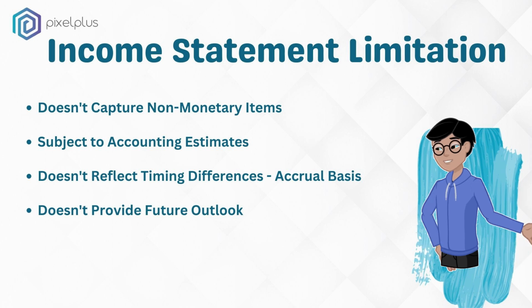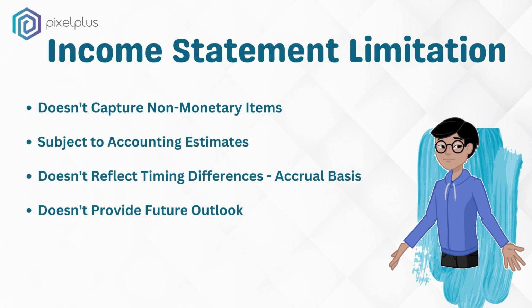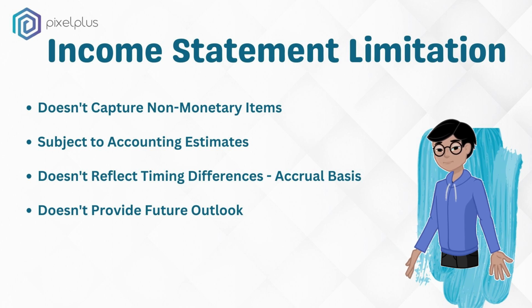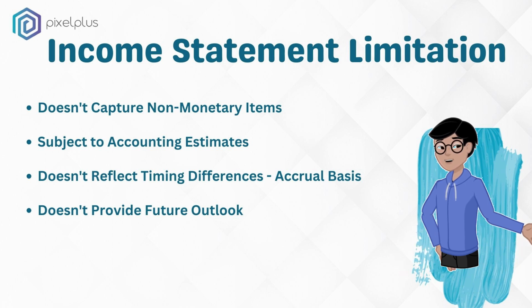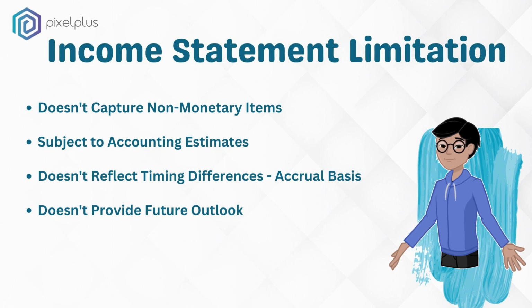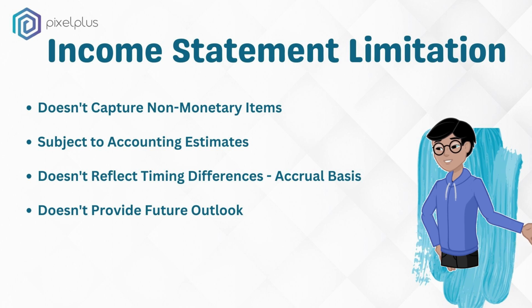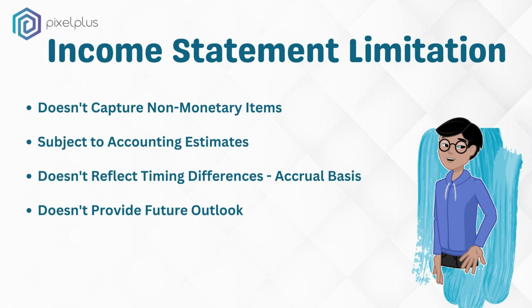While necessary for financial reporting, these estimates are based on management's judgment and assumptions, which may not always be accurate. This reliance on estimates can affect the reliability and comparability of financial reports, making it challenging for stakeholders to fully assess the company's true financial health.